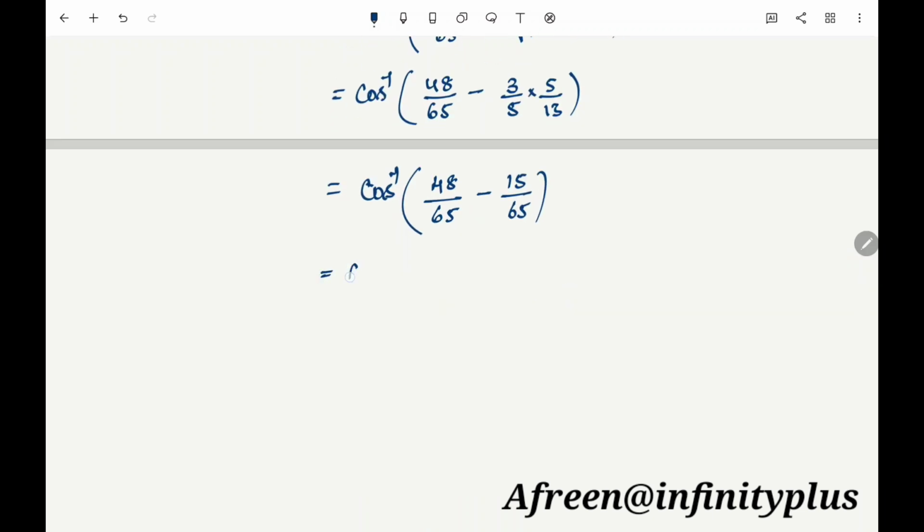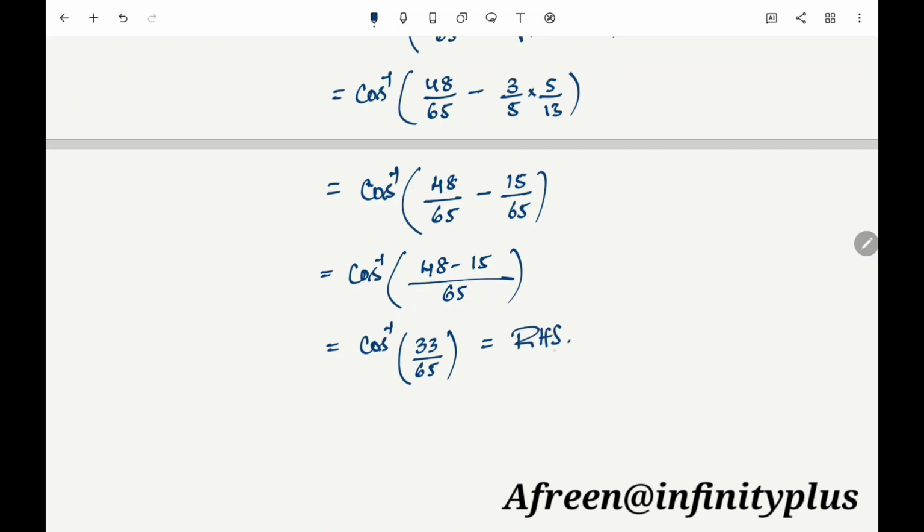Since the denominators are the same here, you can take the LCM as 65, and in the numerator it is 48 minus 15. So you have got cos inverse of 33 divided by 65. Now you can observe that the LHS becomes equal to the RHS.